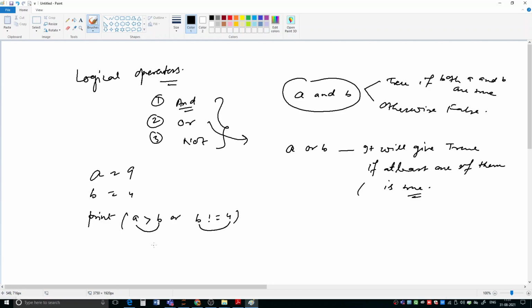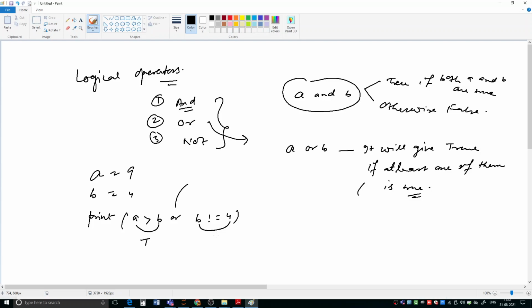Two operands are there for this operator, left operand and right operand. First, calculate the left one. A is greater than B, A is 9 and B is 4, so it returns true. And now the right operand.